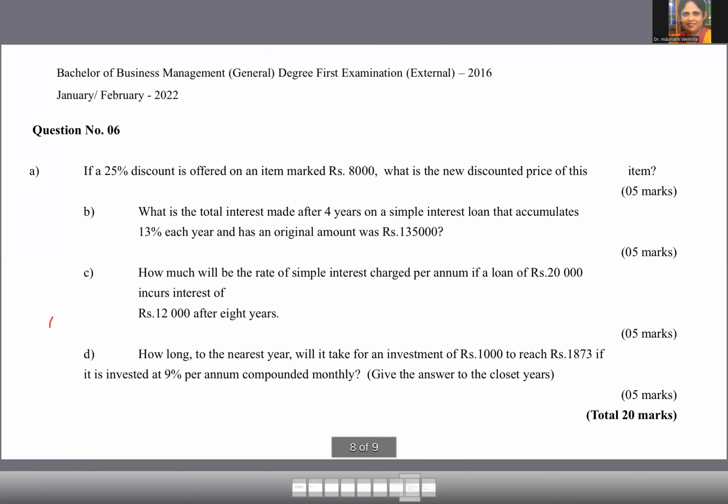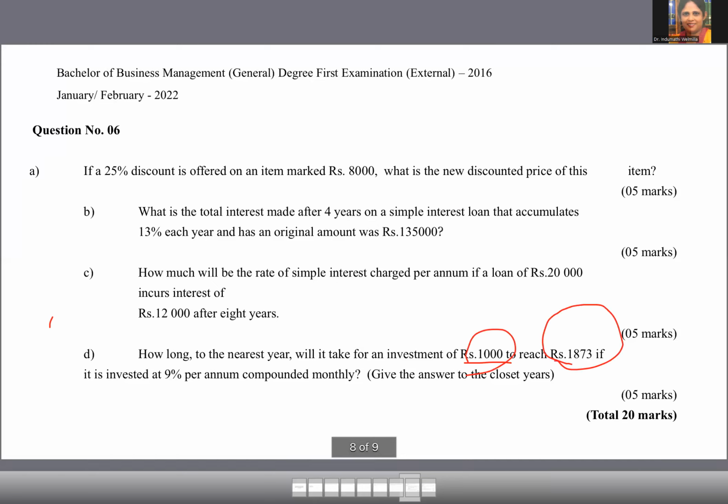Give the answer to the closest year, right? So this is very easy. This is the principal amount, 1,000, right?